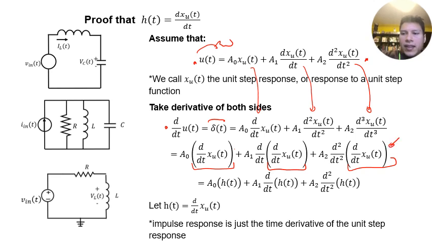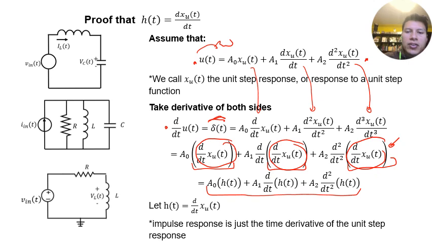If I call the thing in the parentheses h of t, then I get back my differential equation with a delta function on the left-hand side. And so indeed, the derivative of the unit step response is the impulse response. That's what we're going to use to determine our impulse responses.